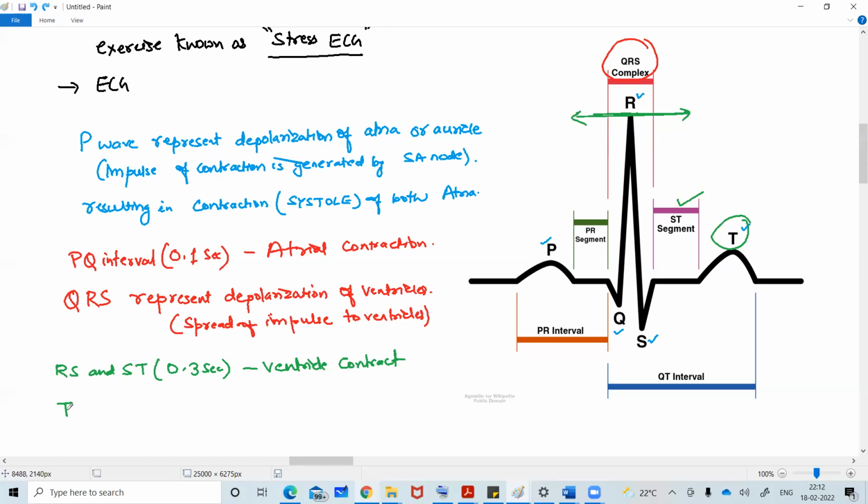So you can say here the T wave represents repolarization of the ventricles. So the ventricles are now relaxing. Relaxing means the membrane potential has been reestablished. Now they have come back to normal.